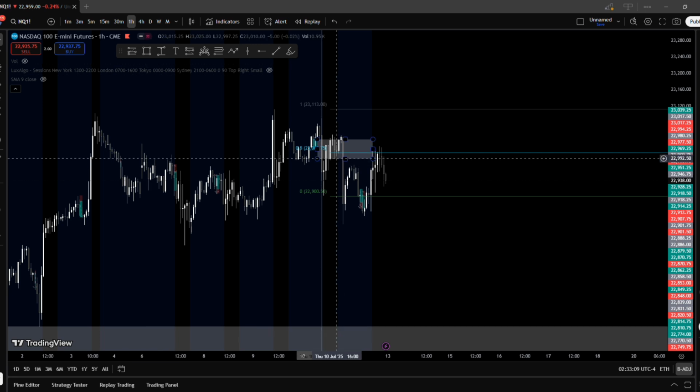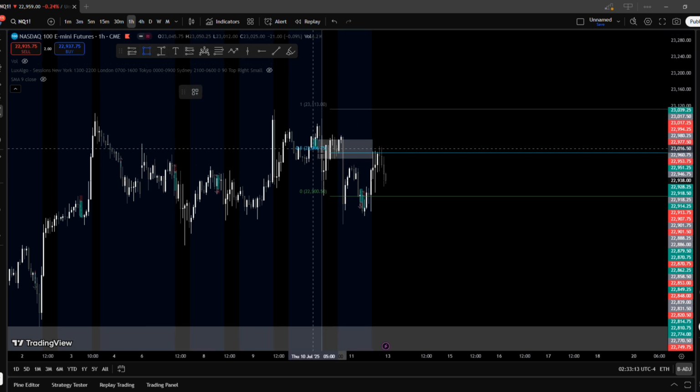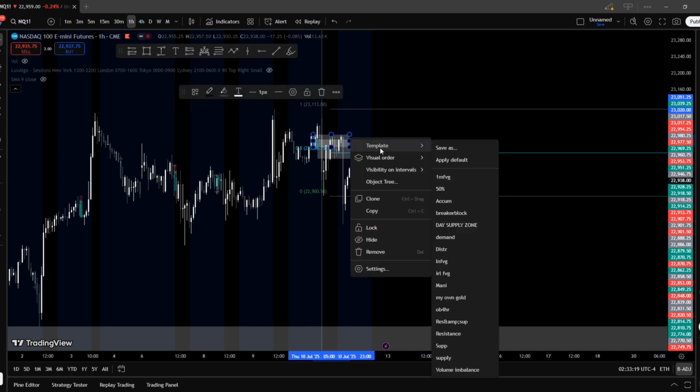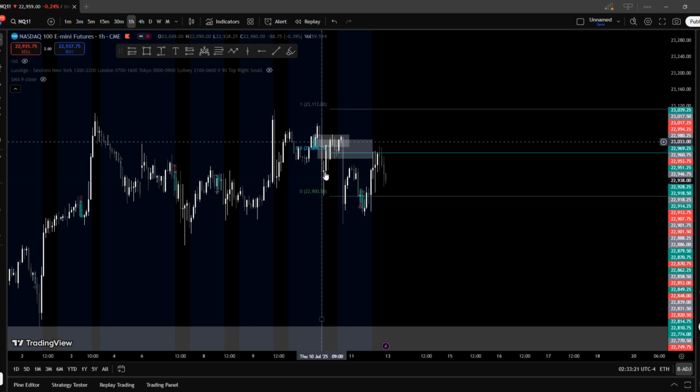If you are looking for higher time frame entries also, this was the last order block made here, and this order block failed because it closed below the structure.